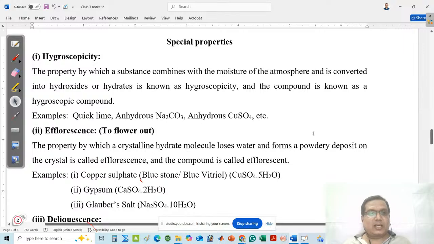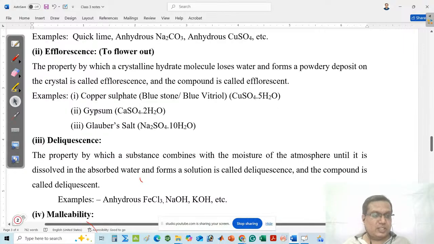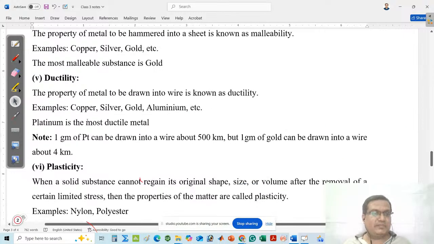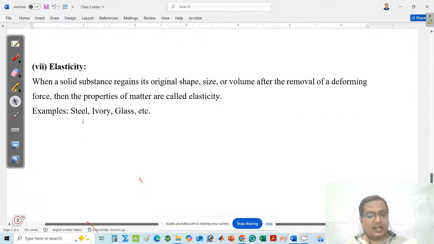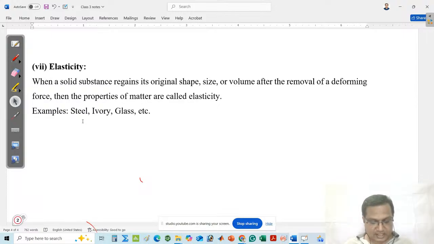Next, special properties: hygroscopicity, efflorescence, deliquescence, malleability, ductility, plasticity. Next is elasticity. Okay, that's it for this class. In the next class, I will discuss symbols and radicals and their classification.